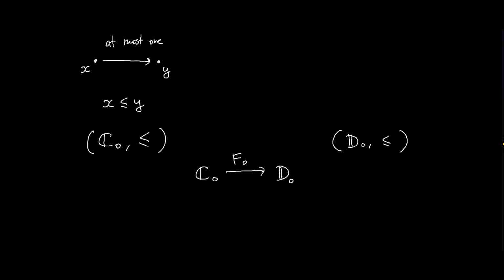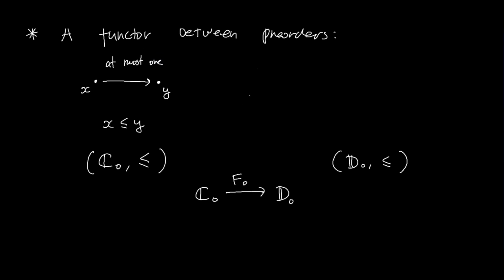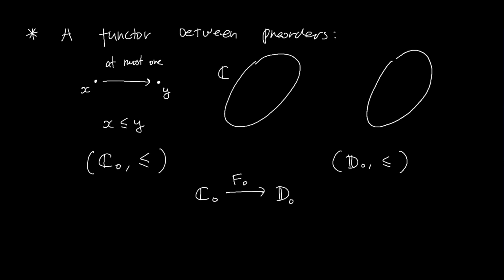What is F1 map supposed to do? So if my two categories are C and D, and I have a morphism here, and let us actually call it something in order that we can write out the equation defining the F1 map. So F0 map will map X to some object of D, and it will map Y to some object of D as well.